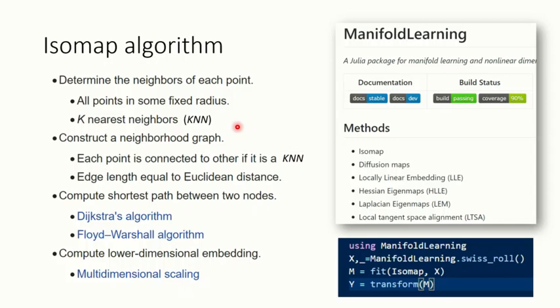If you say K equals 5, then the algorithm will look at the 5 nearest neighbors for each point. Once you connect those and build this KNN network, you can imagine you then have to apply another algorithm. This is called the shortest distance between network nodes.